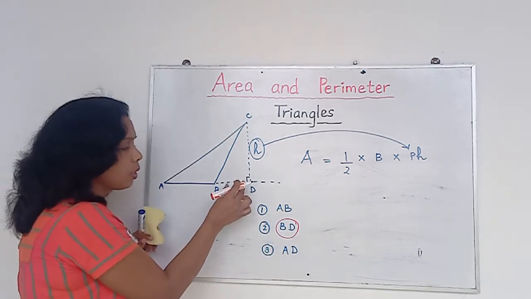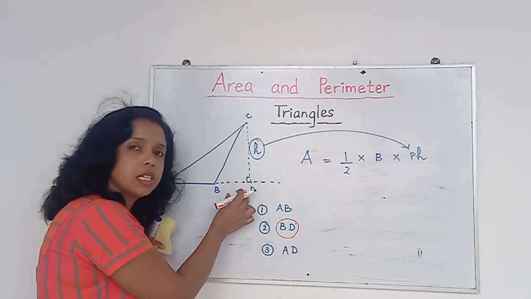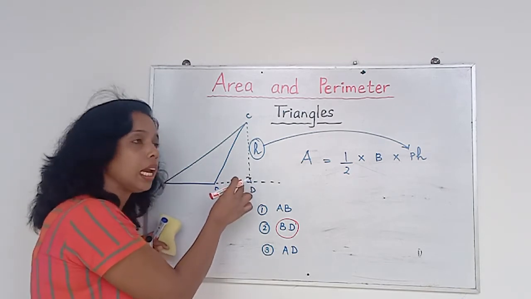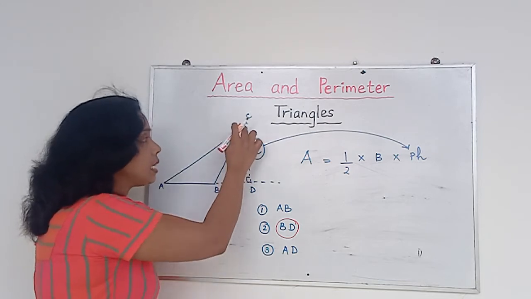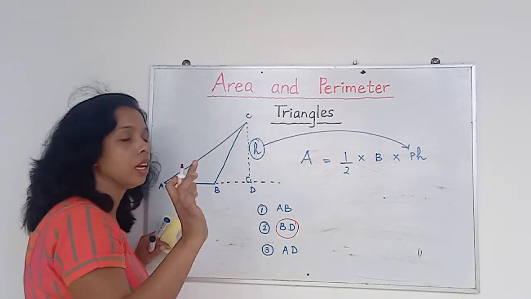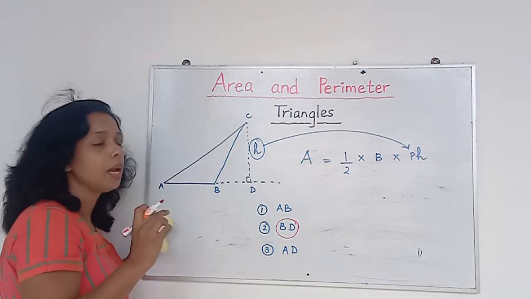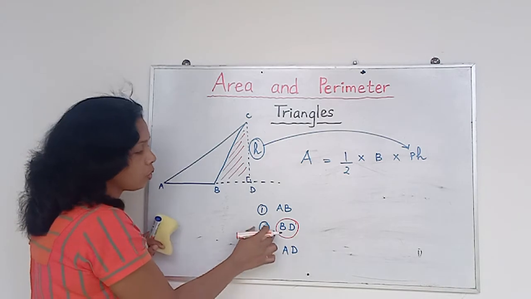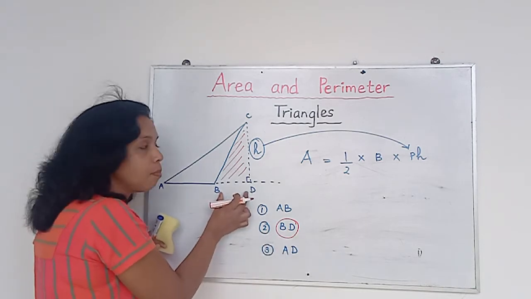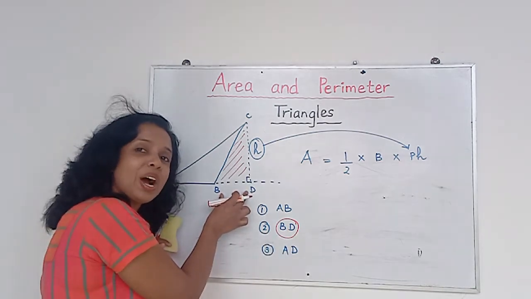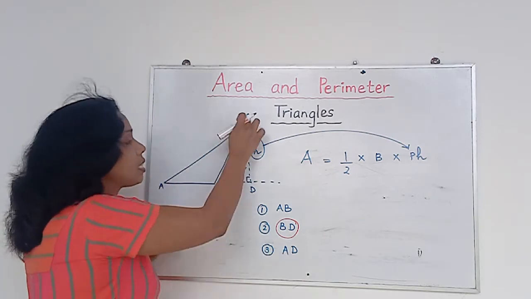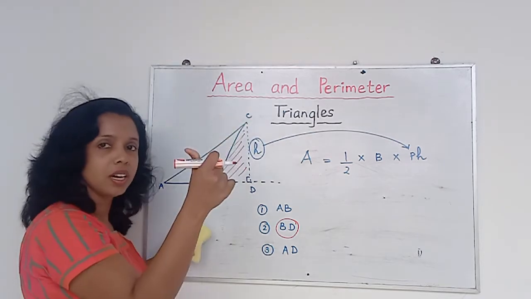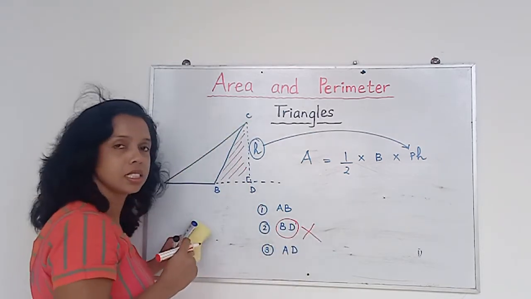If you are going to take BD as the base, children, I would say you are finding the area of BCD triangle, not ABC triangle. Why am I telling you like that? Look at this. If you take BD, that means you are trying to find the area of BCD triangle, not ABC triangle. Can you understand? So this is out, right?